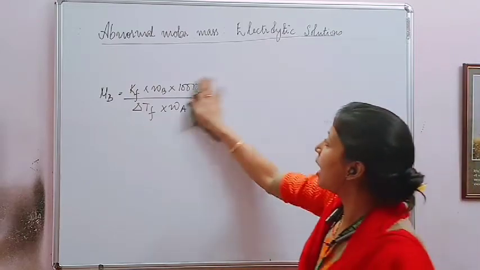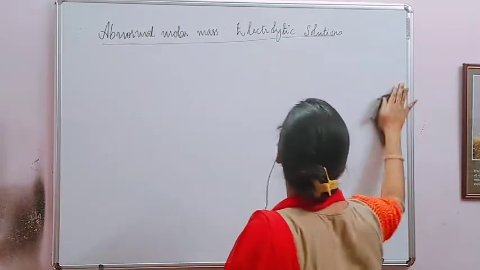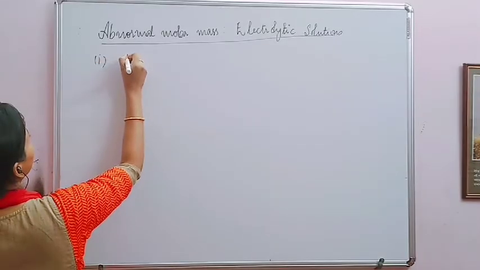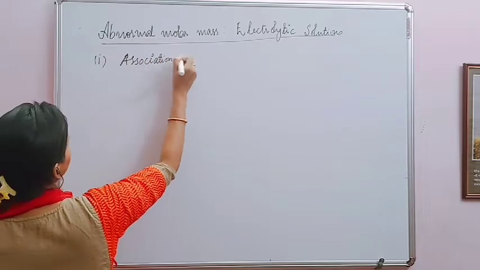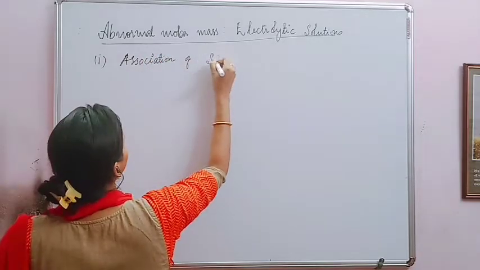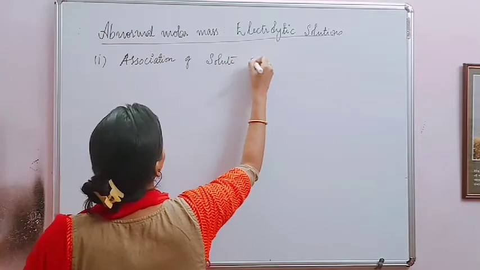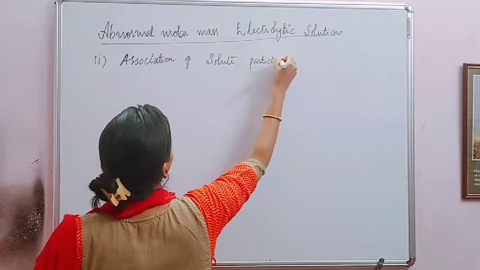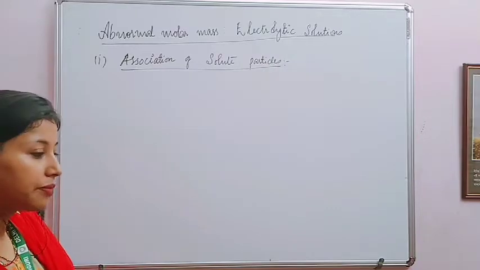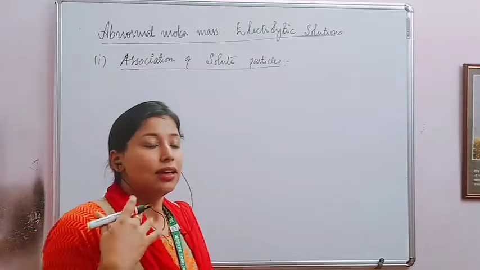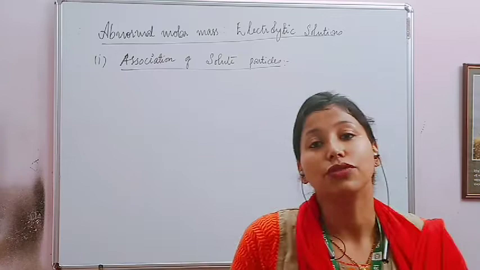Let's see what happens if our solute associates. Number 1, association of solute particles. To explain this, I'll choose an example.